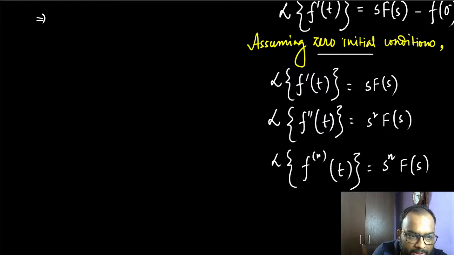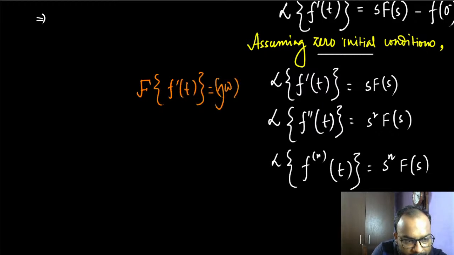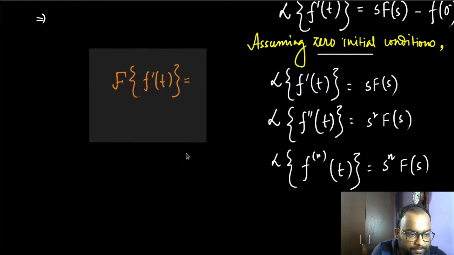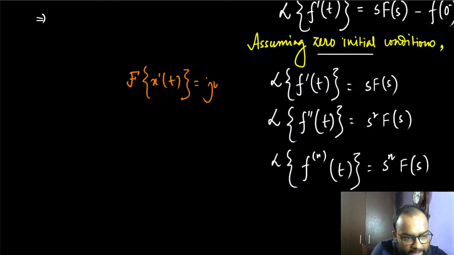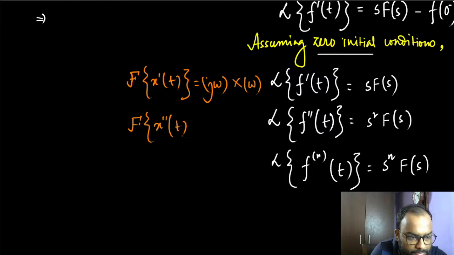Just to recall, the Fourier transform of the derivative of the signal x(t) would be j omega times X(omega). The same goes for the Fourier transform of the second derivative, and the nth derivative of a signal.